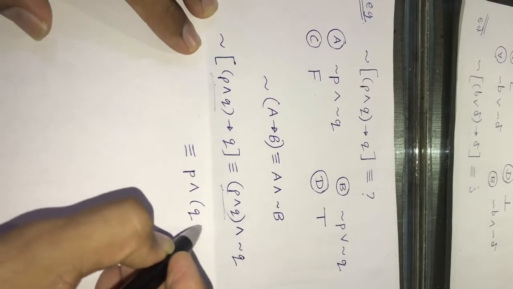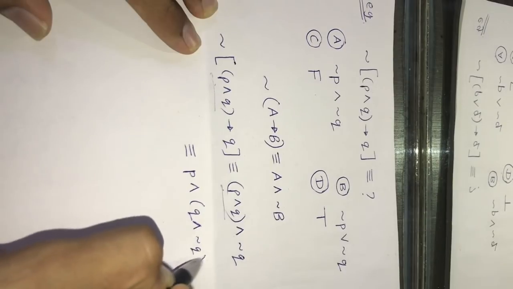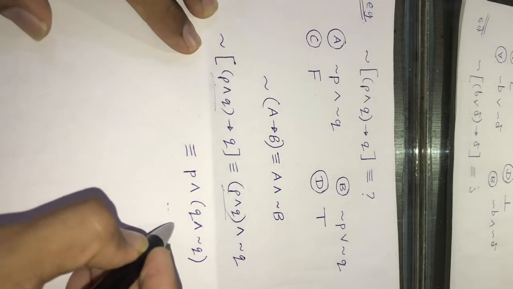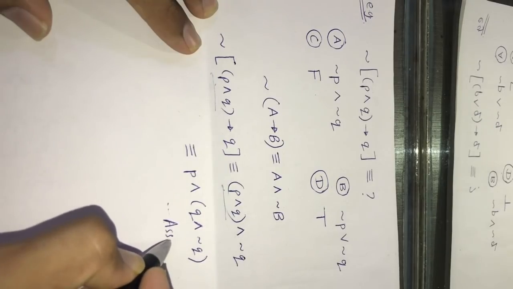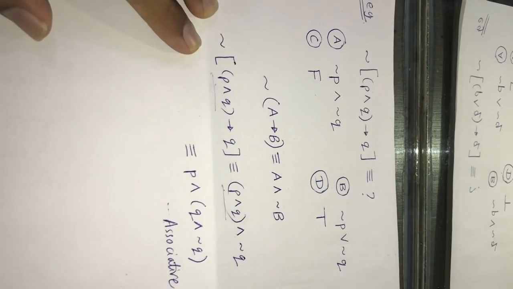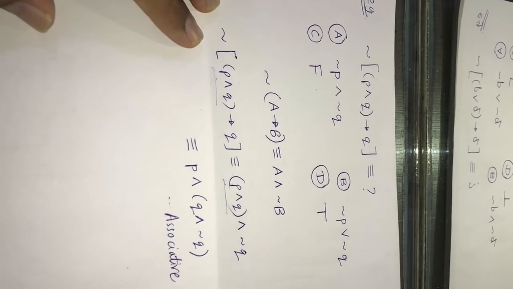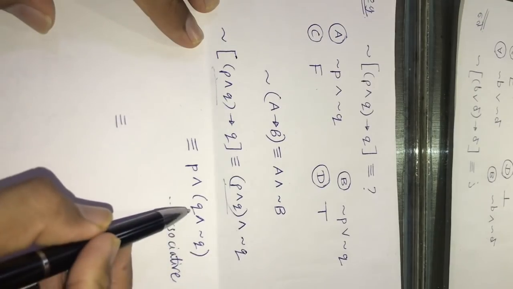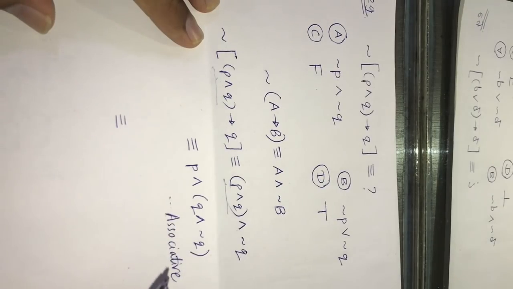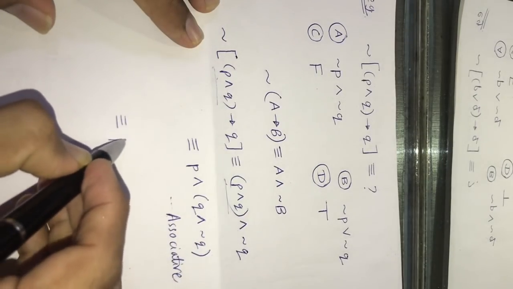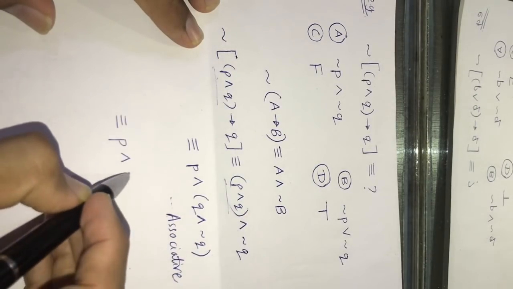So let me associate Q and negation Q. Let me associate this Q with negation Q. So the law I'm going to use is associative law. Okay. And after that, you see there is Q and negation Q. So Q and negation Q, you can say it is complement law.